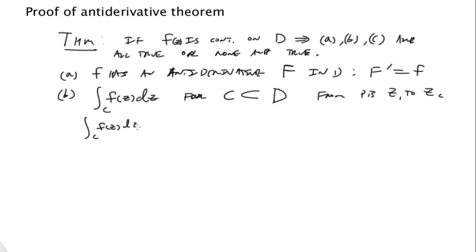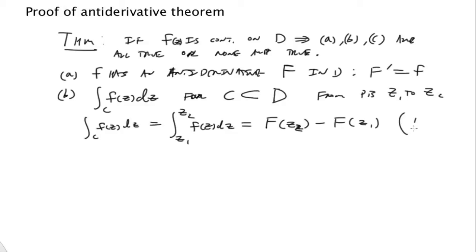The value of the integral is just the antiderivative evaluated at the endpoints, the difference of the antiderivative evaluated at the endpoints, like so. And that, of course, is essentially the fundamental theorem of calculus in the complex plane. And this statement right here is just saying that it's independent of path.